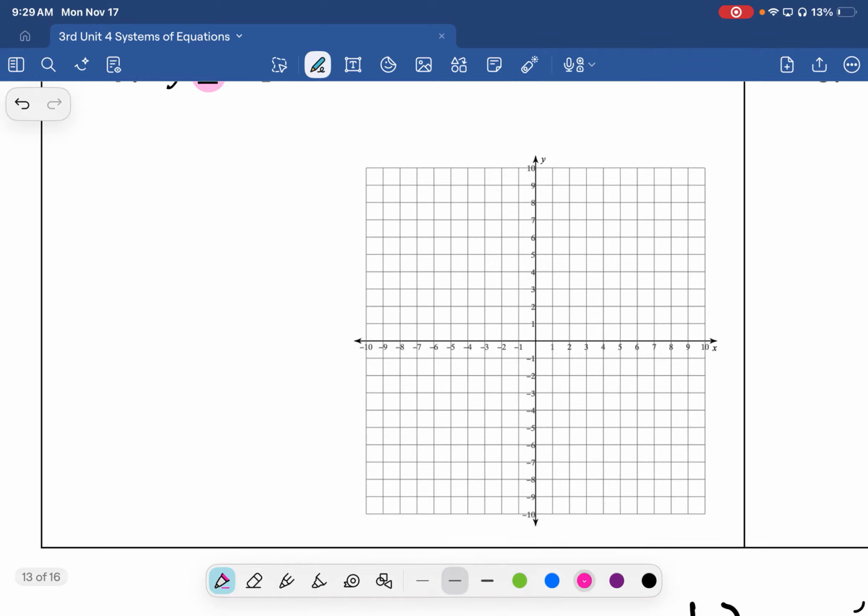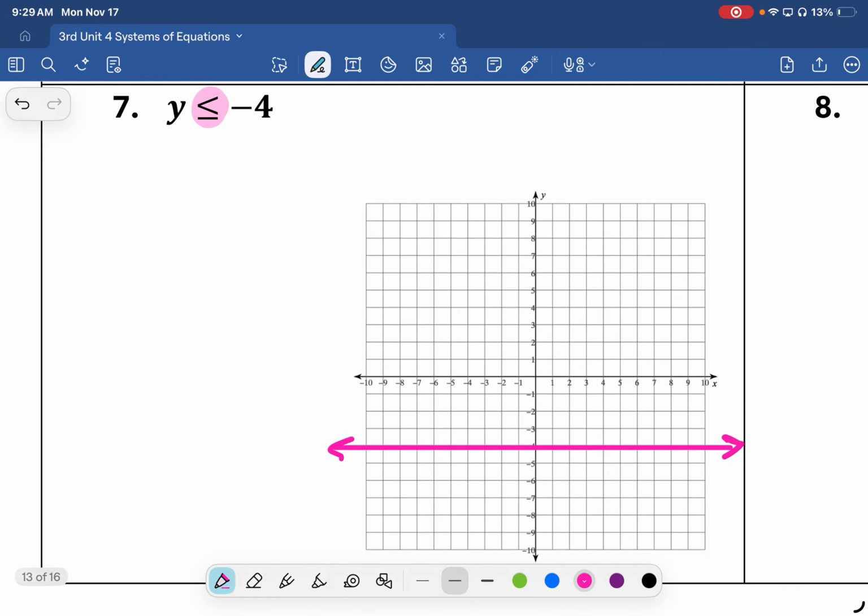So we're going to do a solid line through y is equal to negative 4. Now, because y is less than or equal to negative 4, should I shade above or below? Below. So everywhere that line and below is our solution.